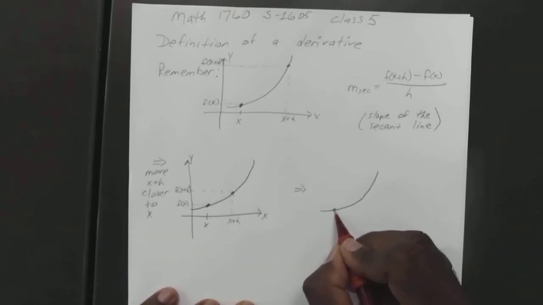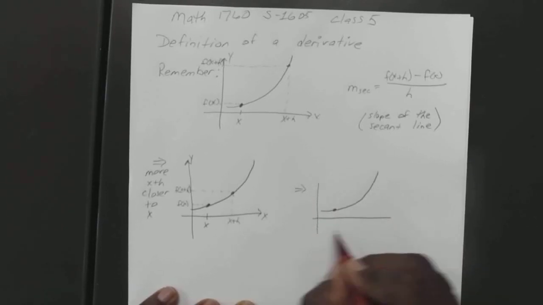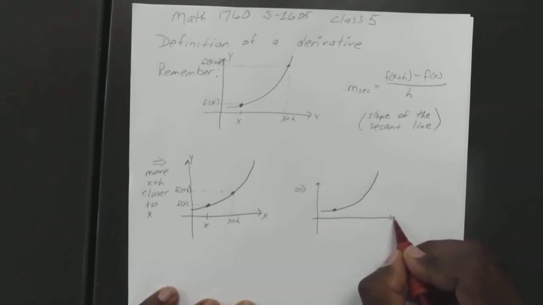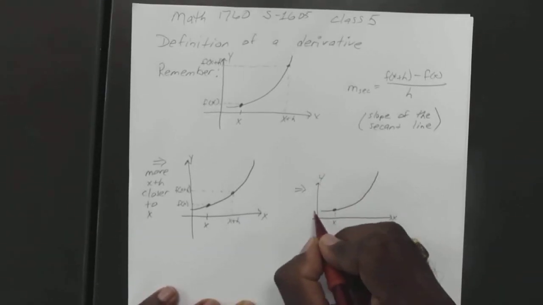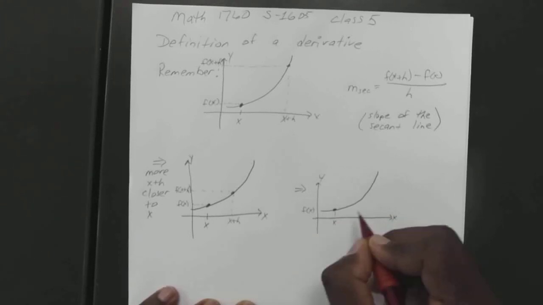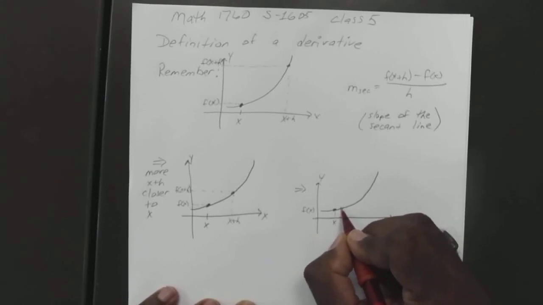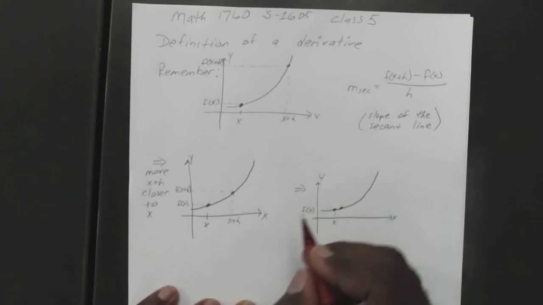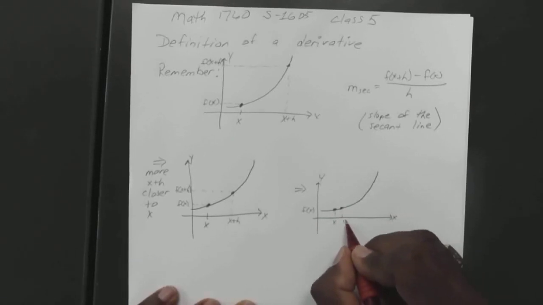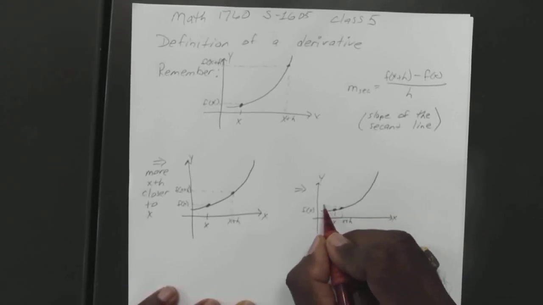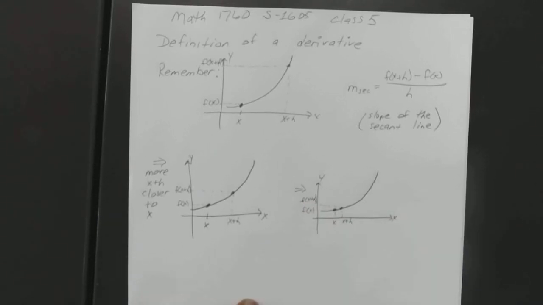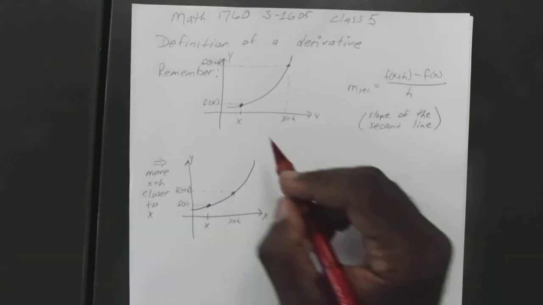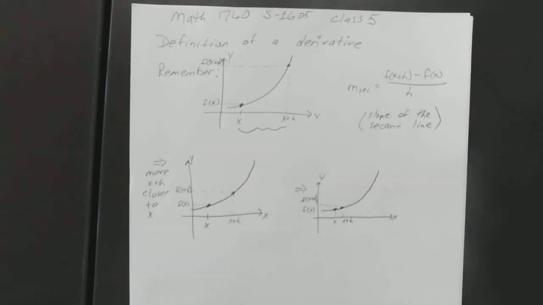Okay, so if this is our x and y axis, and this is our x, f of x, and let's say we move it even closer, this is our x plus h, and this is our f of x plus h. Notice on this one this is our distance of h.